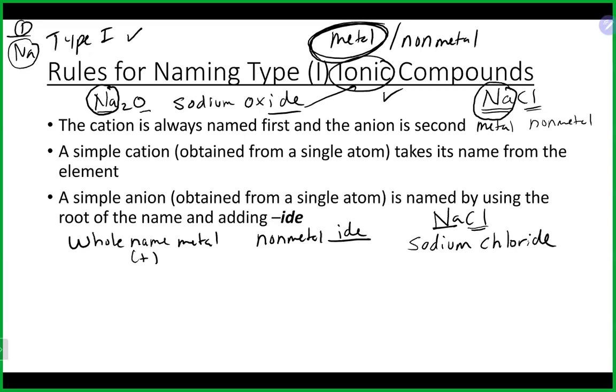It doesn't matter if you got 2 sodiums like I do there, you got 40 sodiums, you got 30 oxygens, it doesn't matter. That is how you name it. Whole name of the first guy, the positive guy, IDE on the second, has no bearing on the name, how many of each of those you have. The reason, obviously, we have the 2 there is for what we talked about earlier, right?